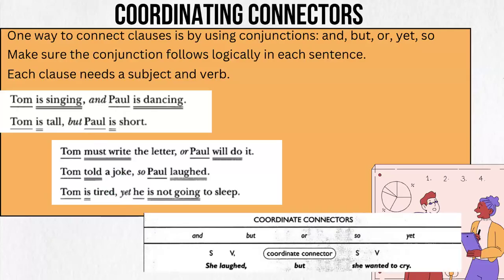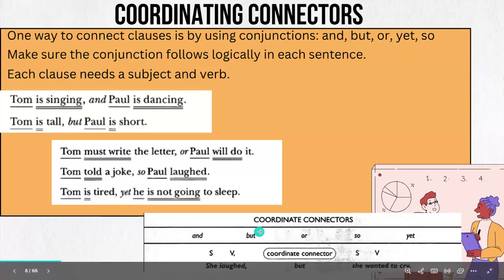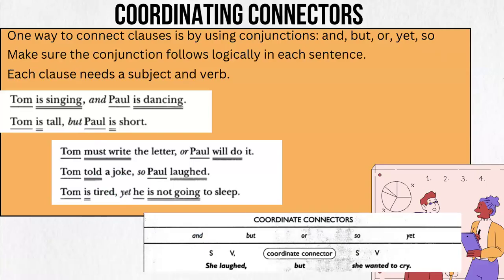We will have coordinating conjunctions and, but, or, so, and yet, joining two clauses, subject and verb, she laughed, but subject and verb, she wanted to cry.